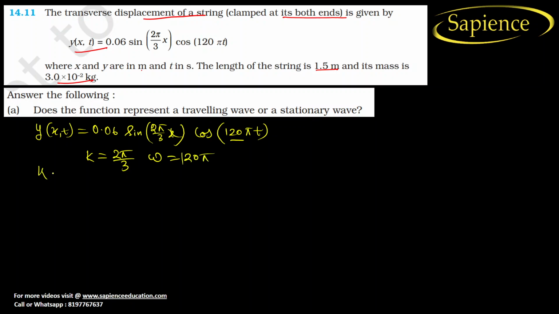So k and omega are both kept separately, one in a sine and one in cos. So this represents a stationary wave equation.